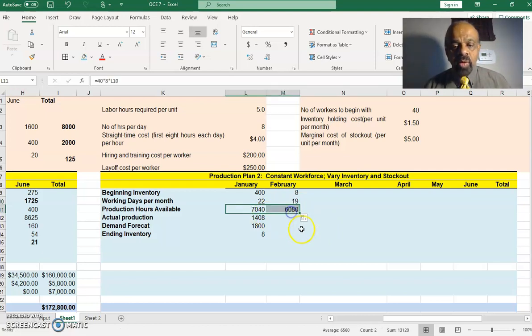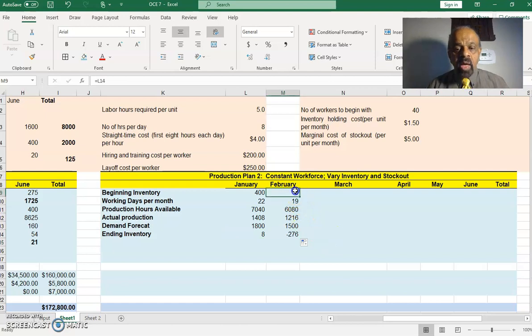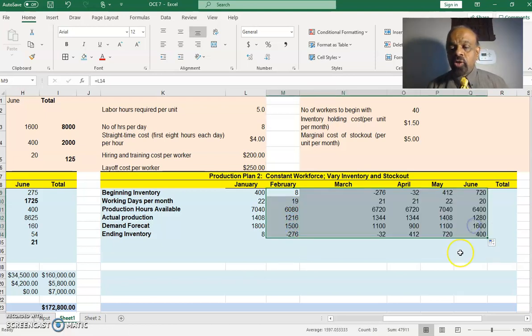My production hours, I'm going to use 19 times 8 and the number of workers, which is 40, a constant workforce, which is 6080. My actual production is 6080 divided by 5, which is the labor hours required per unit. My demand forecast is given to you. My ending inventory I'm going to calculate, and that comes to minus 276. I should be able to copy and paste all these calculations to June.